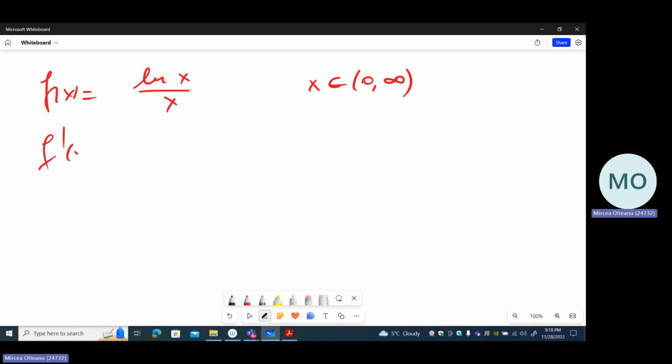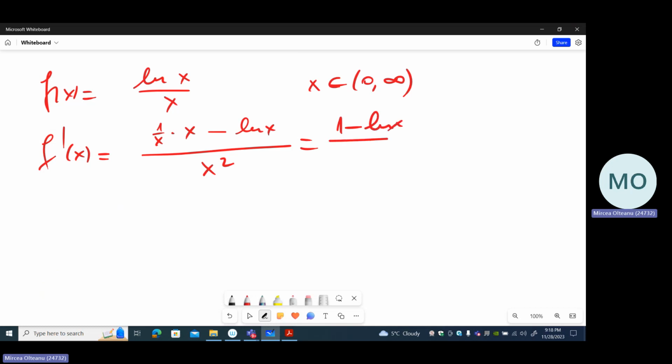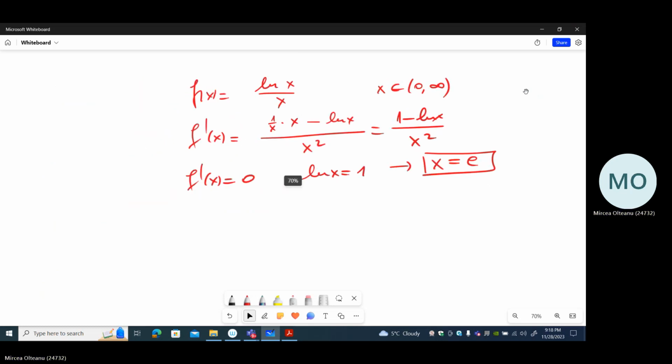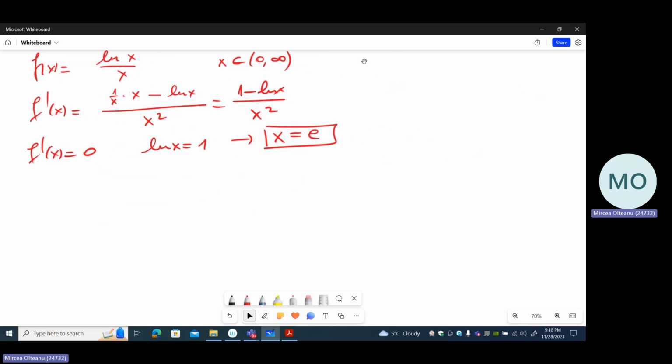We compute the derivative, which is 1 over x times x minus logarithm of x, which means (1 minus logarithm of x) over x squared. Now the critical points are given by this equation, which means logarithm of x equals 1. So we get one single critical point. It's x equals e.